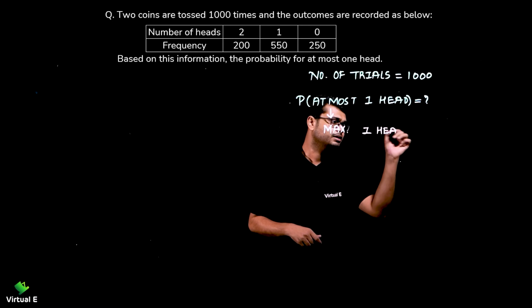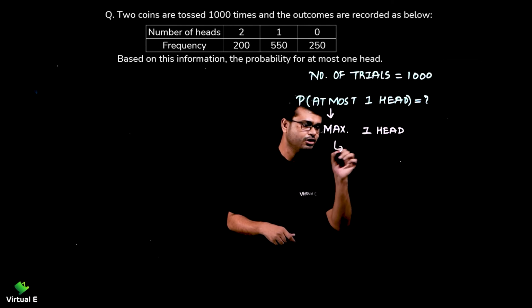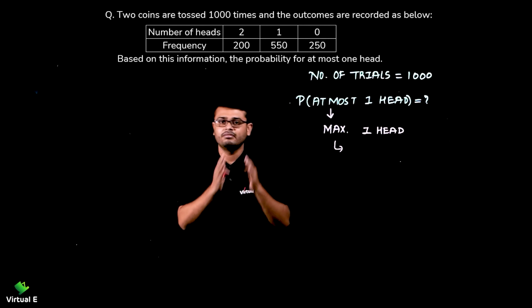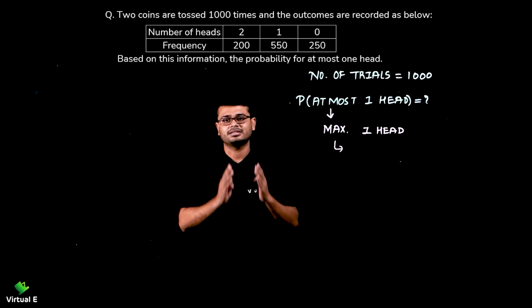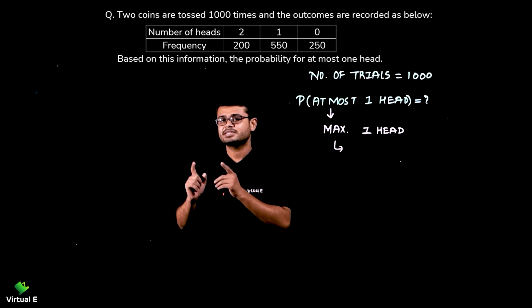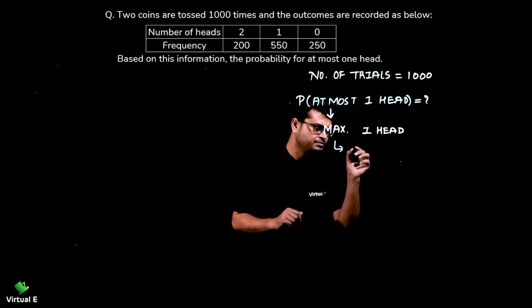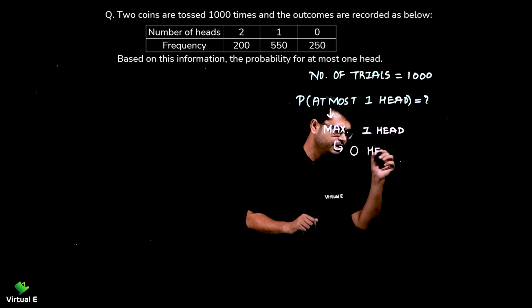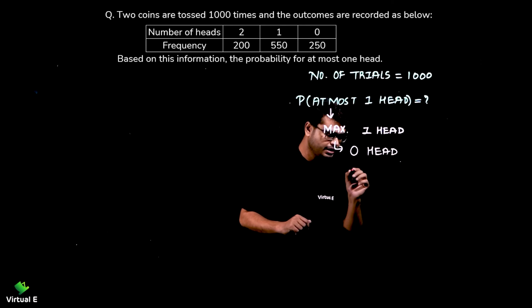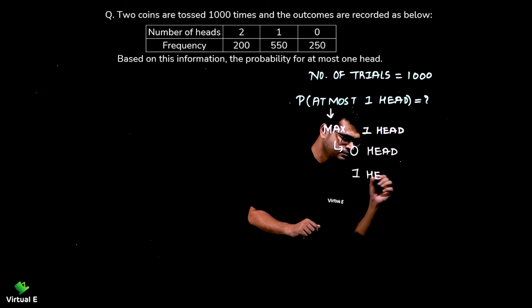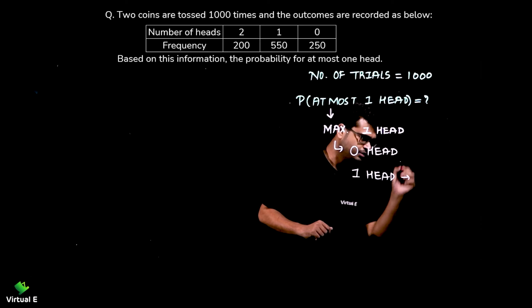It means that we cannot go more than 1, right? 1 is our limit, that's it. But lower than that, yes, it is accepted. So we need to take 0 heads and 1 head.